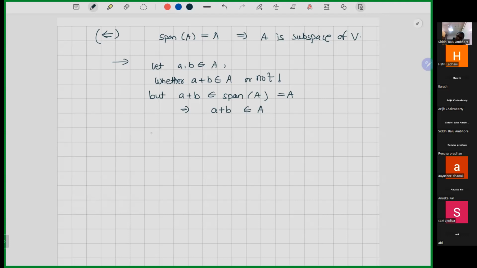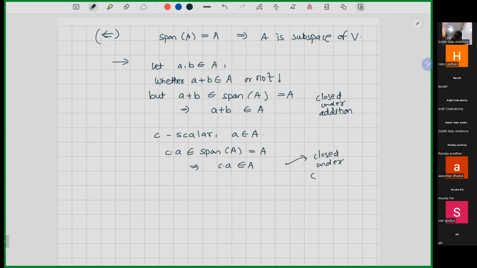And similarly, if we take c a scalar and a an element from A, then c dot a will again belong to span of A, which is A again. So c dot a belongs to A, and we get it is closed under addition, and from this we get it is closed under scalar multiplication.